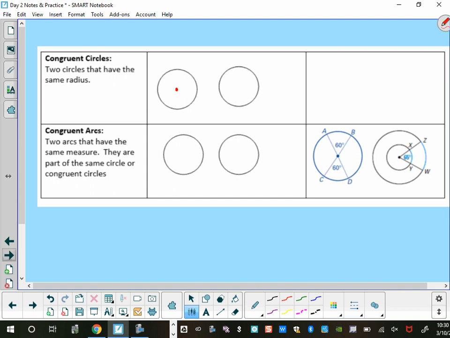Is a radius a line that goes to the full circle or half the circle? Half the circle, good. They don't look the exact same, but I know they are if they both have the same measurement. So if I measure each radius is 5, those are congruent circles.